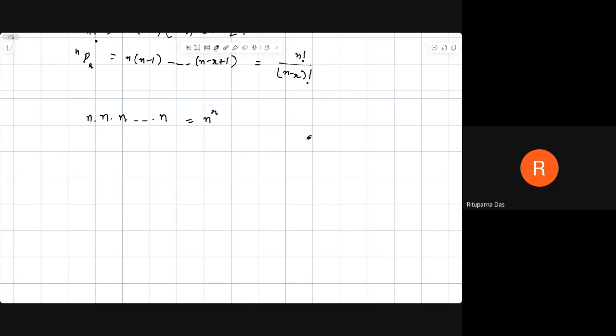This is with repetition and the earlier one is without repetition, with n distinct objects in both cases. Okay.